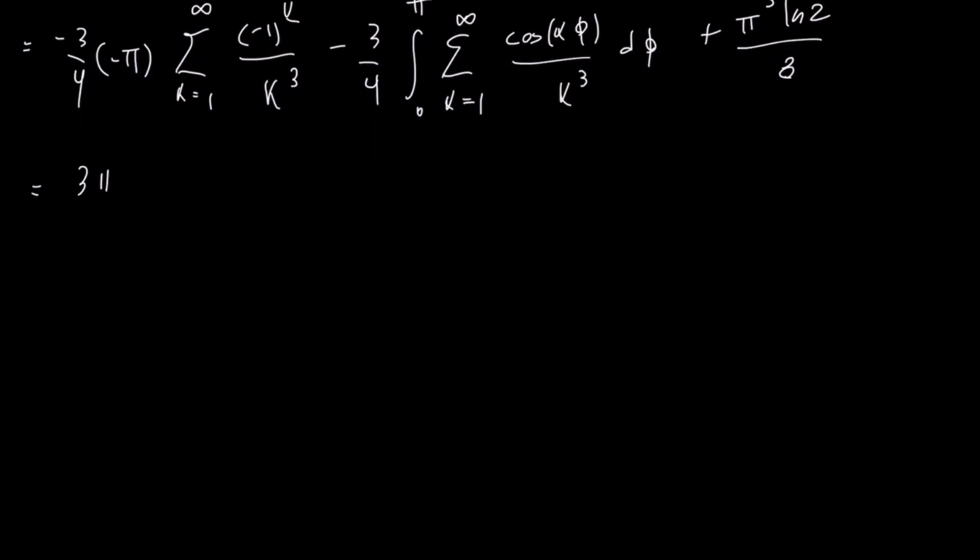So we're going to have a 3 pi over 4, and we'll notice that this sum is just negative the eta function at 3. And then minus 3/4.